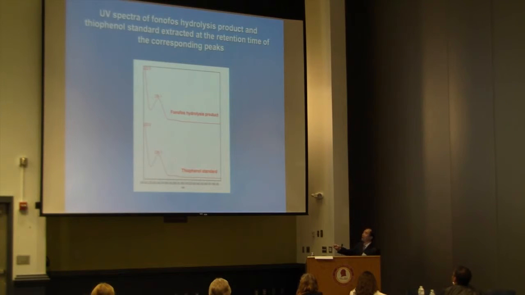So we performed the UV determination and got the UV spectrum for both compounds, and we found they are almost the same, but that's not enough. In order to identify a compound, one approach, one method is not enough.